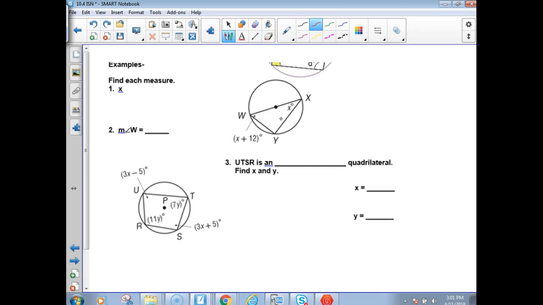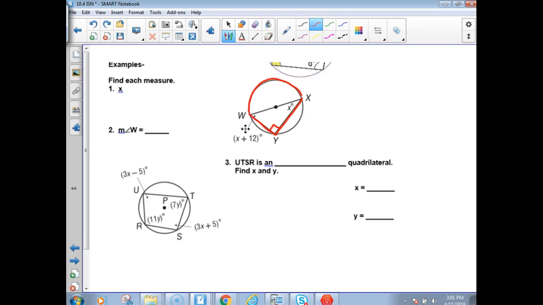Here's our example. In this diagram, since angle WYX intercepts the diameter, or a semicircle, that means angle Y is 90. Then we can say this triangle's angles add up to 180, because we've been using the triangle angle sum theorem forever.